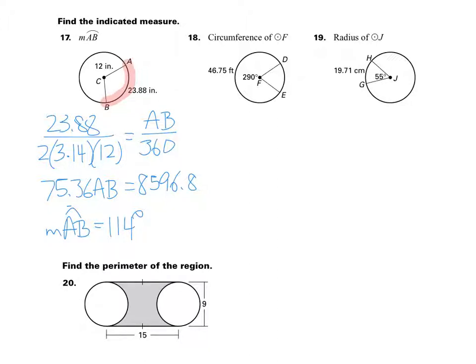We're trying to find the circumference. So this time I have arc length over circumference equals, and the angle 290 does coincide with that arc length.